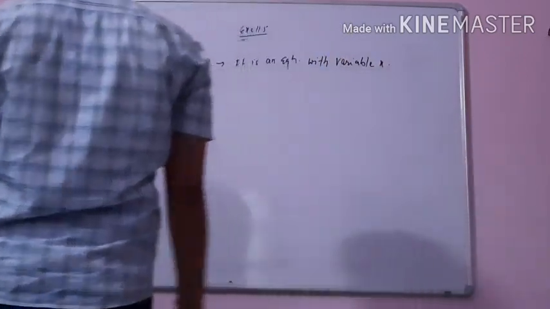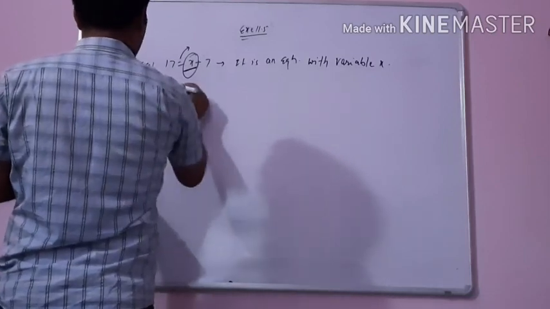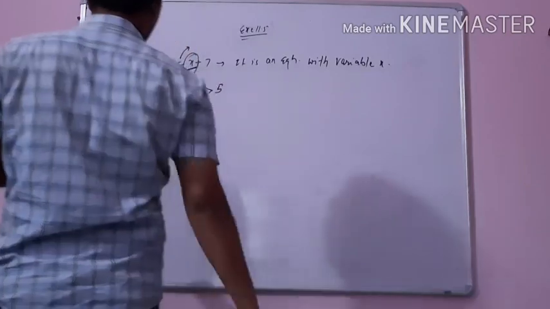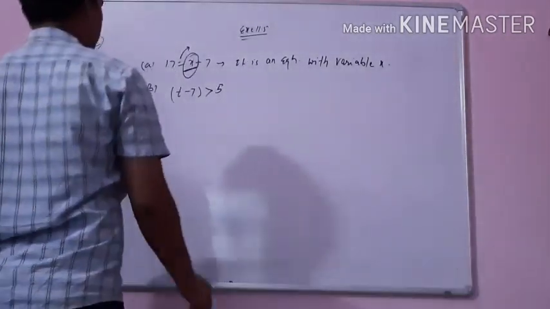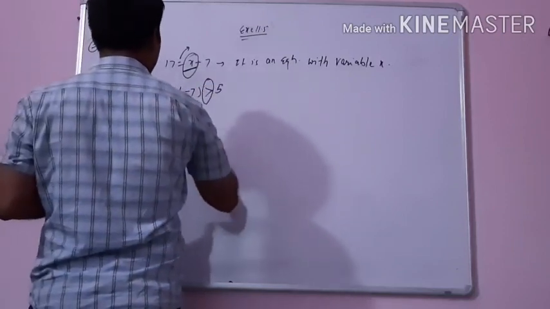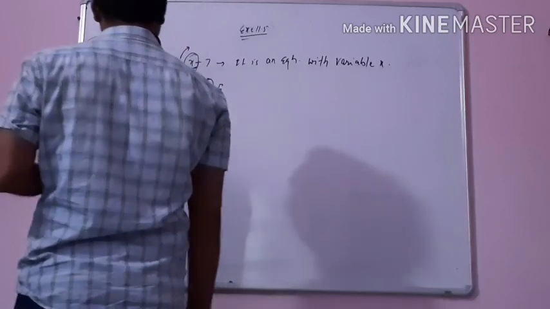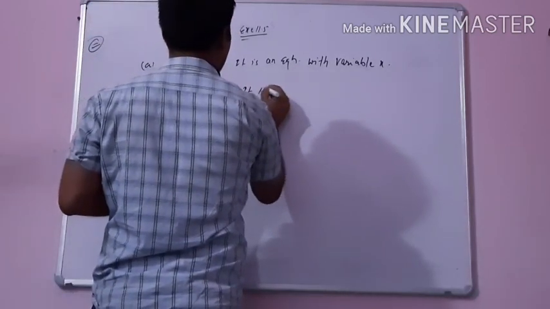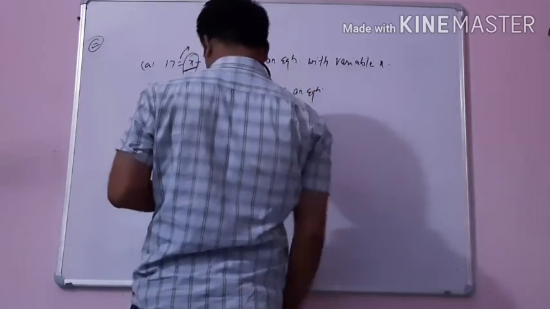Moving to question B, t minus 7 greater than 5. See, in this expression we have a greater than sign. We do not have an equal to sign, so this is not an equation.